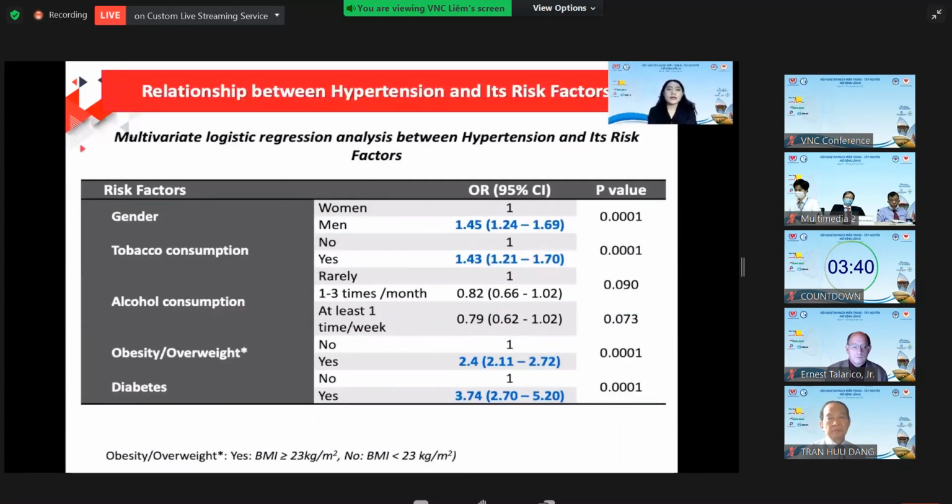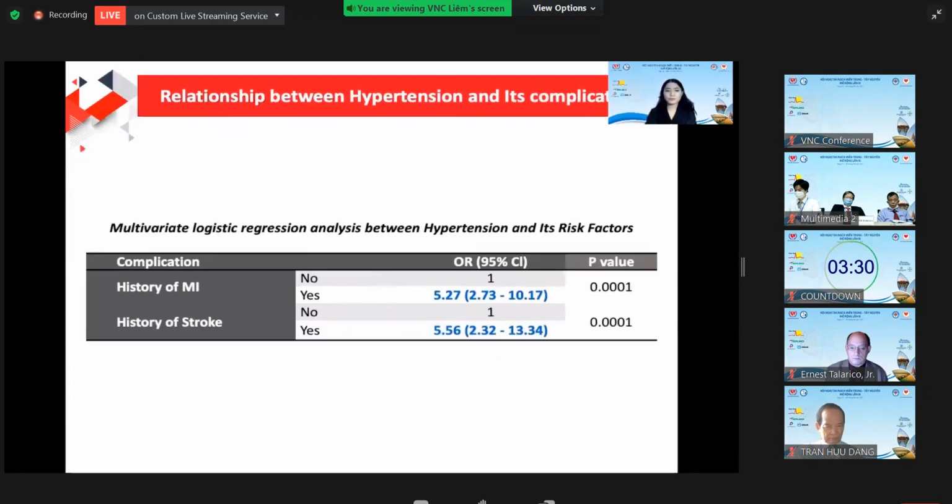And besides, there was a relationship between gender, tobacco consumption, obesity or overweight, and diabetes with hypertension. And especially in the analysis, we found a strong association between hypertension and history of myocardial infarction and history of stroke.